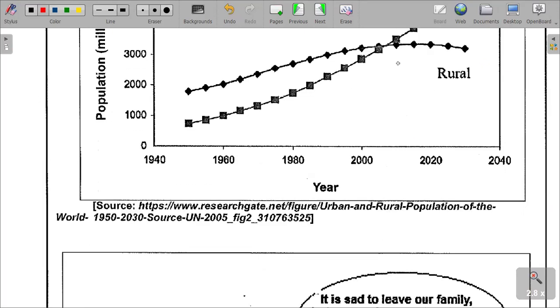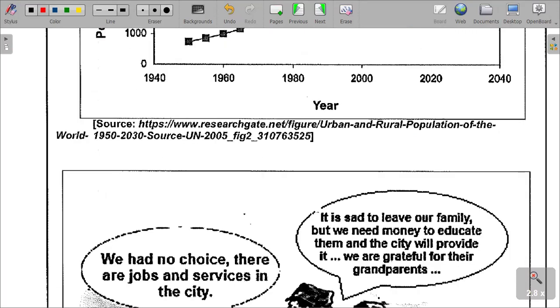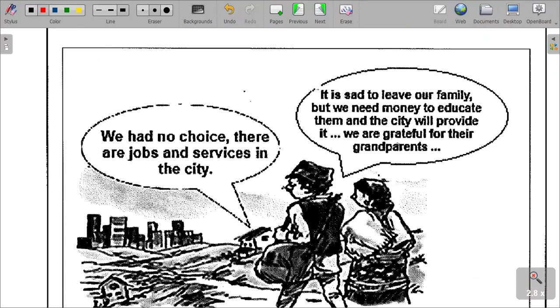So we are going to look into the questions that we need to look at: rural urban population migration or distribution. We had no choice. There are jobs and services in the city, so people have to go to the city. And the next person is saying again, it is said to leave our family, but we need money to educate them, and the city will provide it.